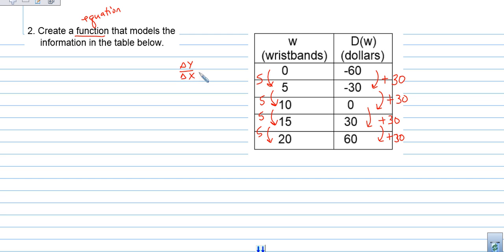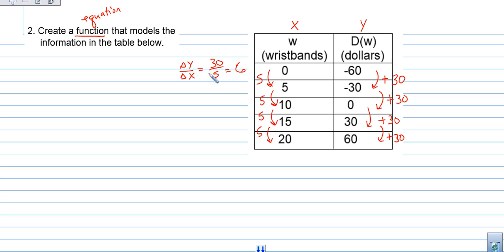This is kind of like our x column always. This is our y column. And so you'd get 30 over 5, which is actually 6. And then if you notice 30 over 5, 30 over 5, 30 over 5, it's 6 all the way through. So we do have a pattern, which means this table is linear.